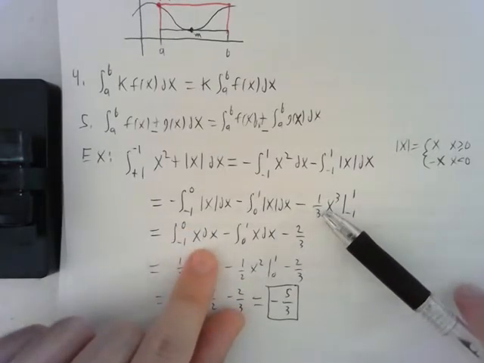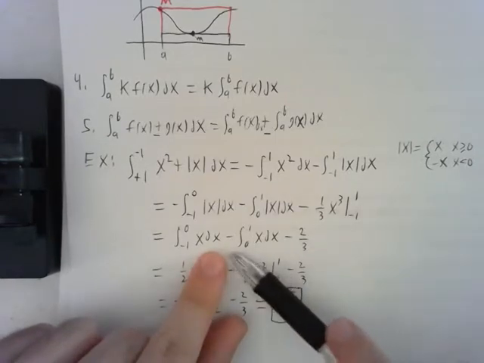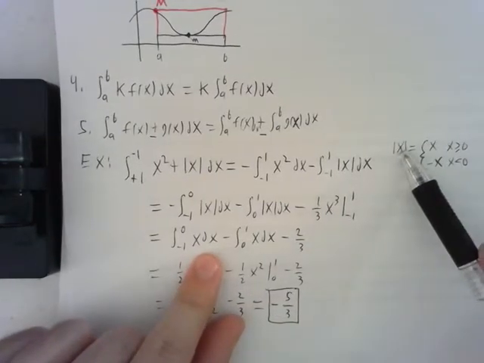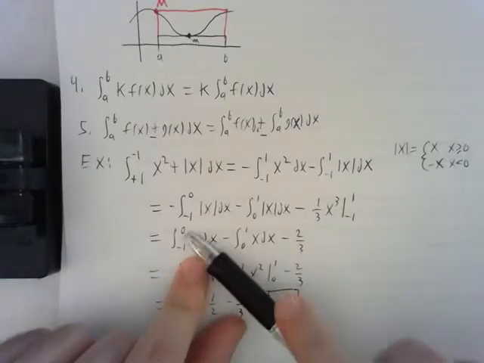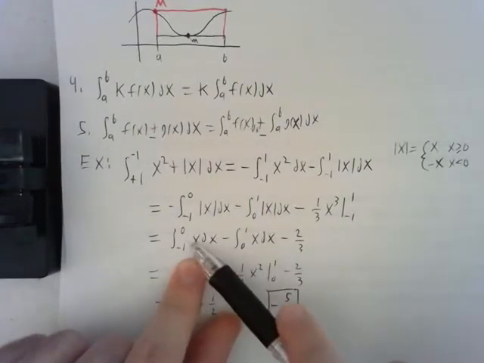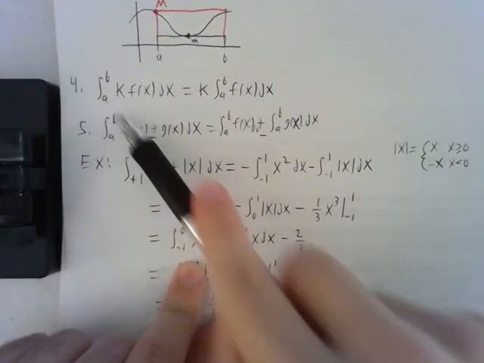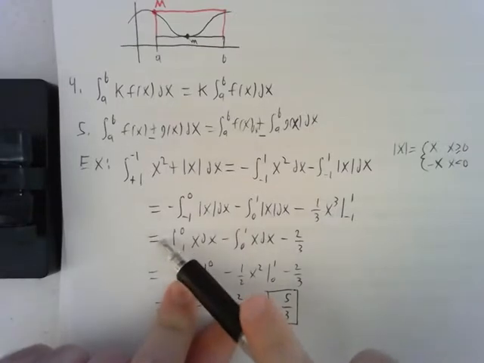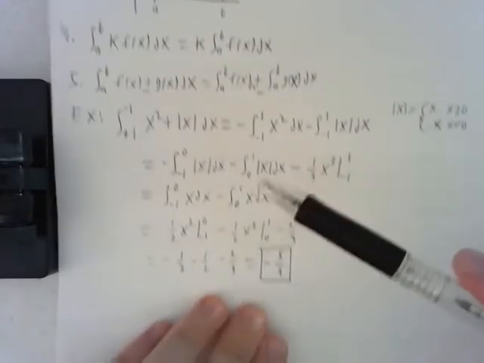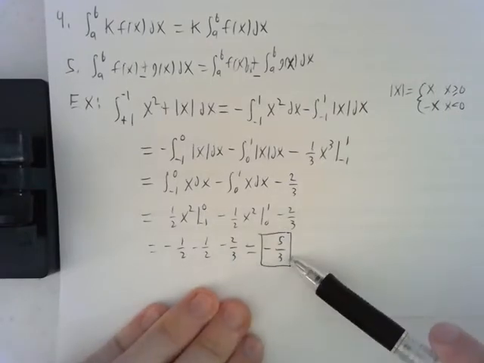We used property 2 in order to rewrite this integral of the absolute value function into an integral with 2 pieces. And we also used property 4 here. Remember there was a minus sign here. That's a constant, like this k, that we factor out of the integral and cancel with the minus sign that was out front. And then once we had all those simplifications, we could use the fundamental theorem to calculate the integral.